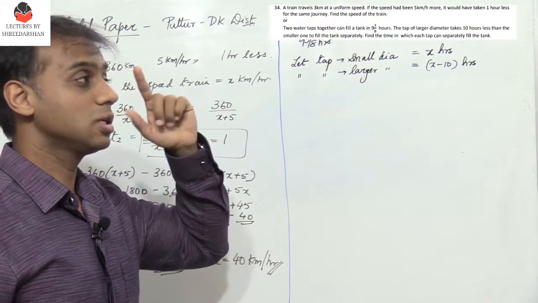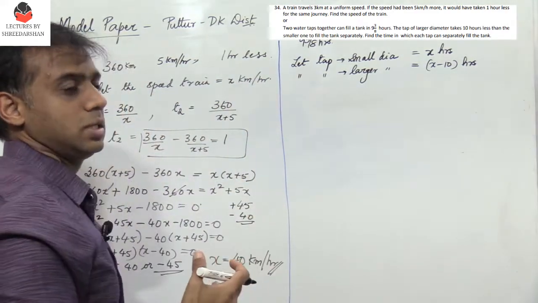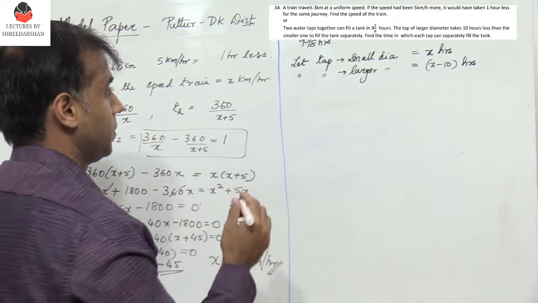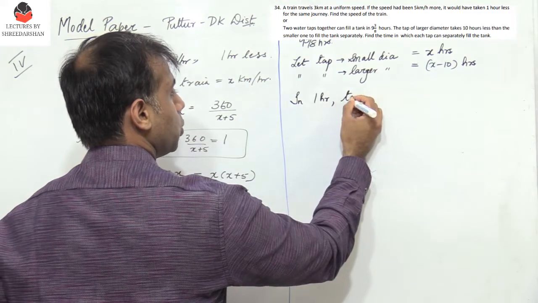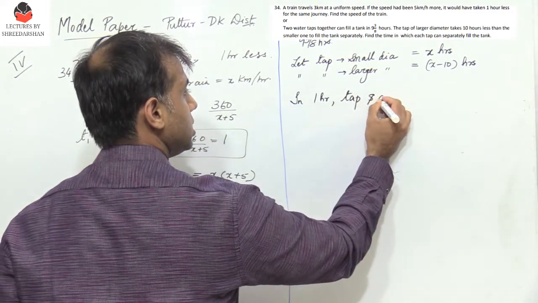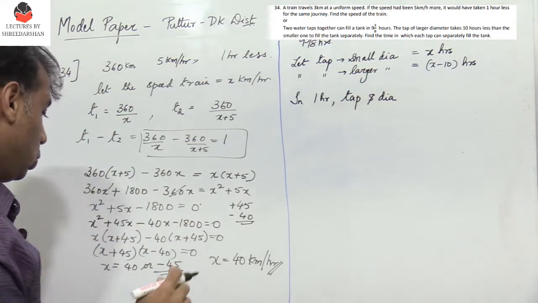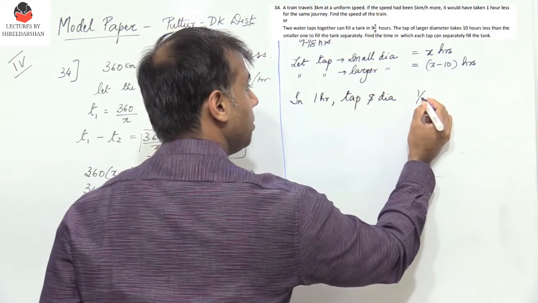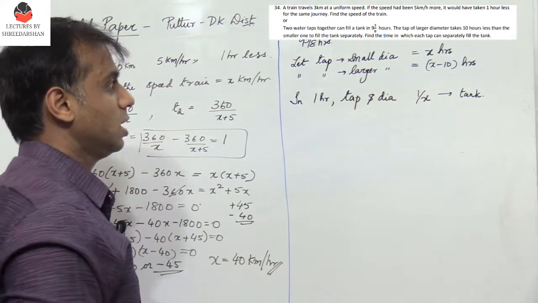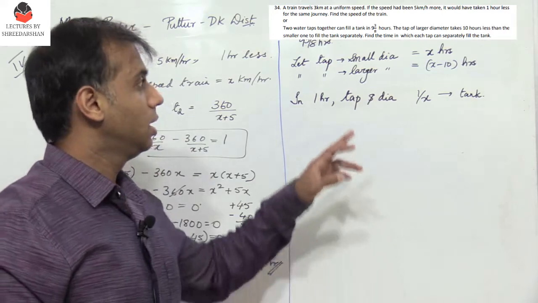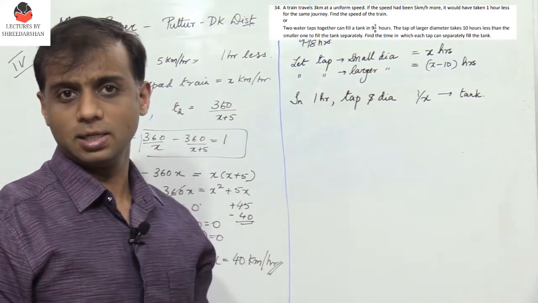So now the question is, in 1 hour, how much of the tank would get filled? In 1 hour, the tap with the smaller diameter, I'll just write it as S, would be able to fill 1 by x part of the tank, right? Now for example, if a tap fills the tank in 5 hours, in 1 hour it would fill 1/5 of the tank, isn't it?